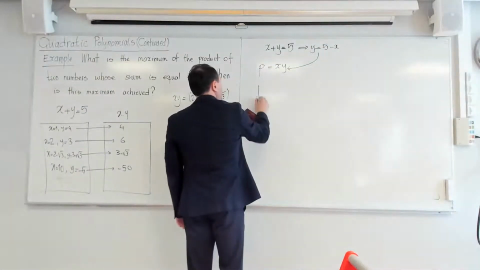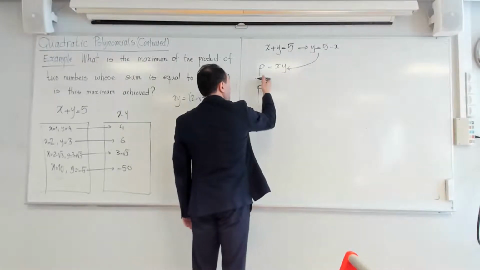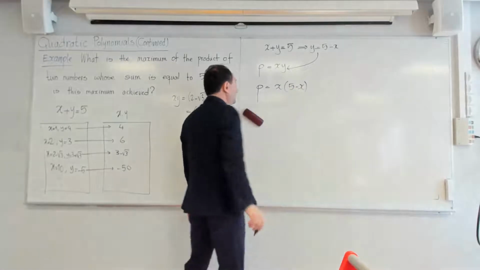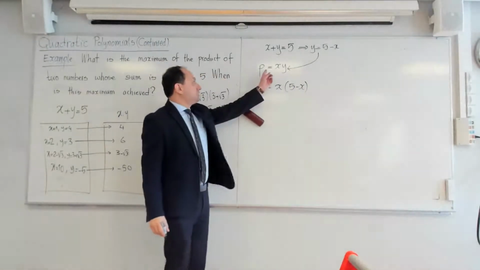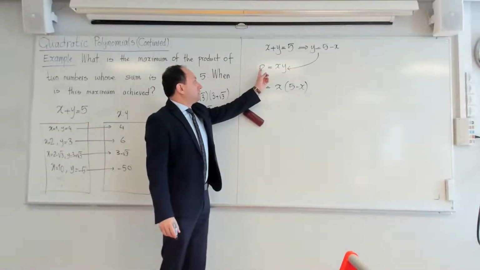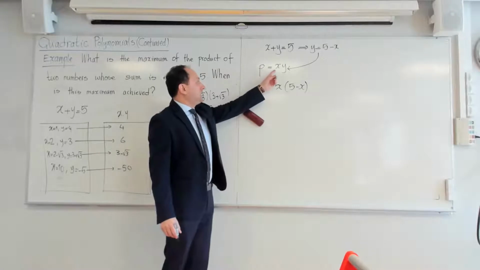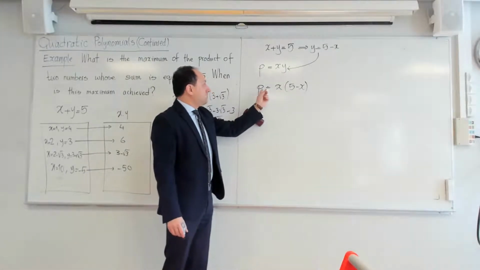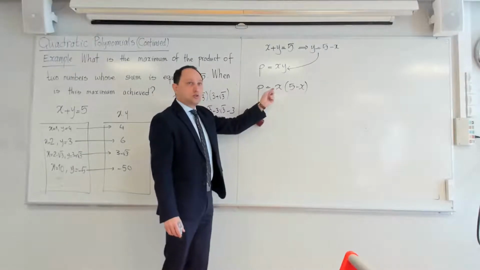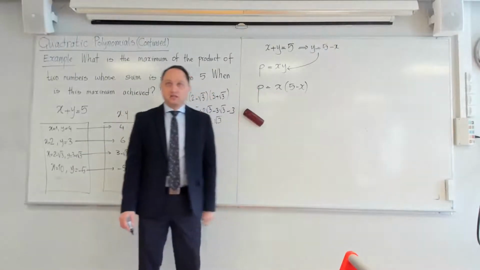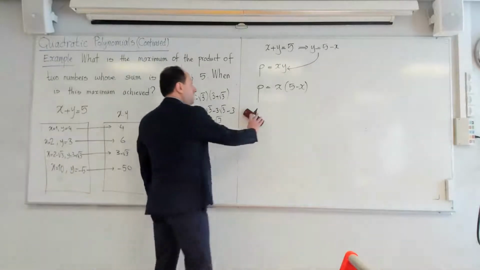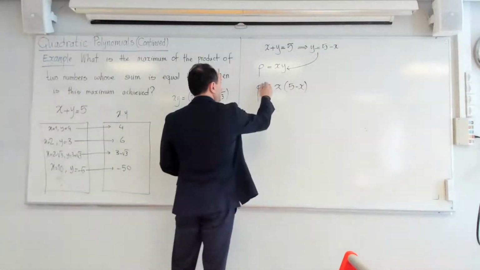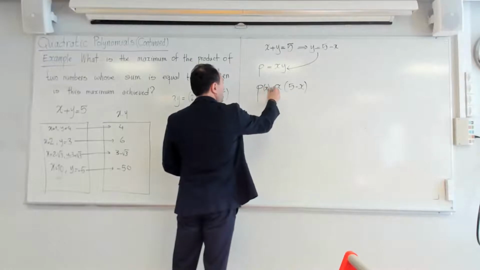Then do you agree that the product is equal to x times (5 minus x)? If I ask you on how many variables P depends, you would say x and y. But now in this new form, you will answer only one variable, and that is x. When it depends only on one variable, let me write it as P of x.